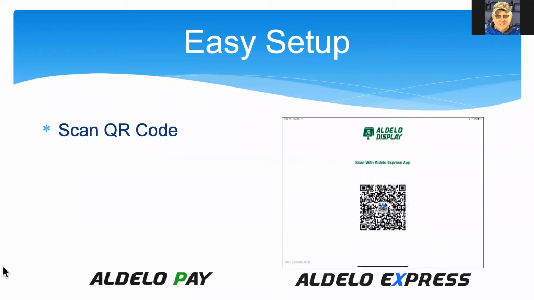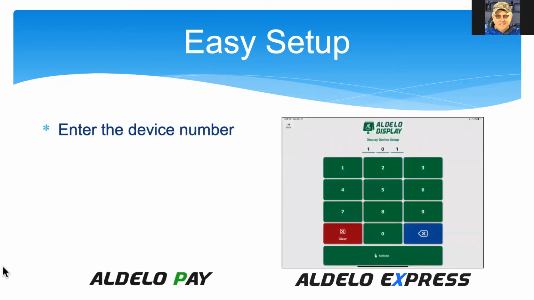Very easy to set up. This setup that I'm about to explain is the same setup whether you're using the customer display, the KDS, or the kiosk. They're all done in the same manner. So when you fire up the software on that device, you're going to get a screen that looks like this with a QR code. You literally just scan that QR code on the point of sale device, and the two devices are then linked together.